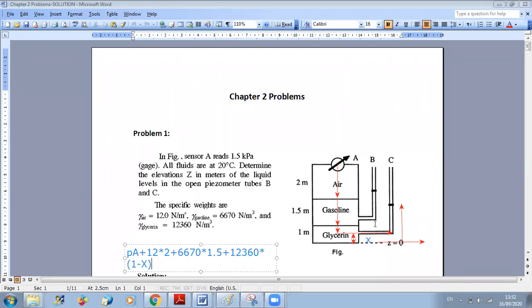Okay, and now we will go upward in the tube, so the pressure will decrease. We will multiply by the height, which is z of c minus x. So the distance here is z of c minus x.